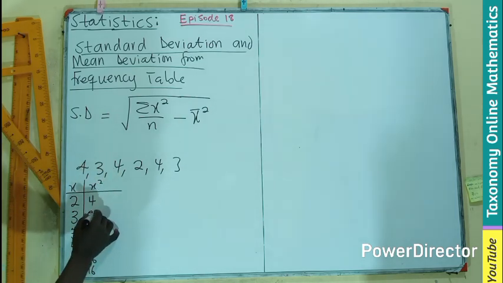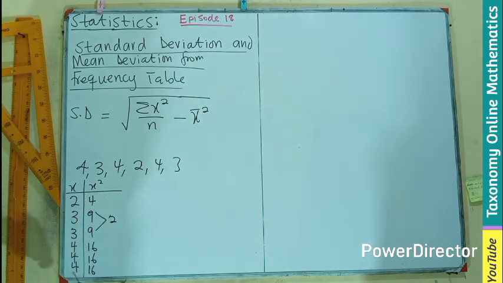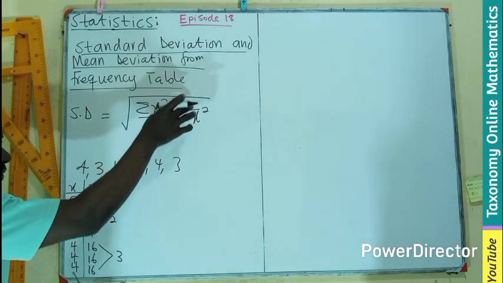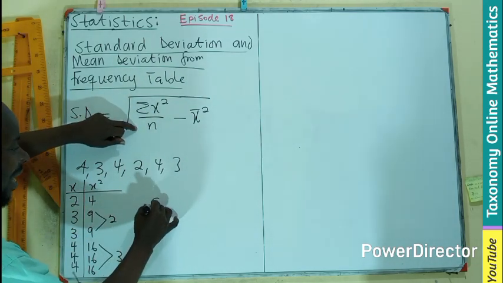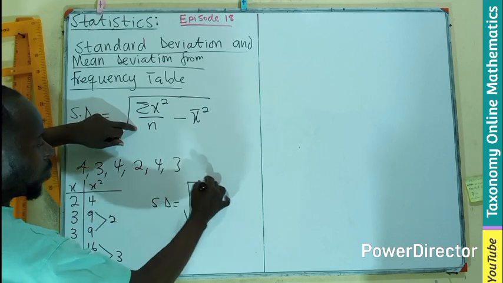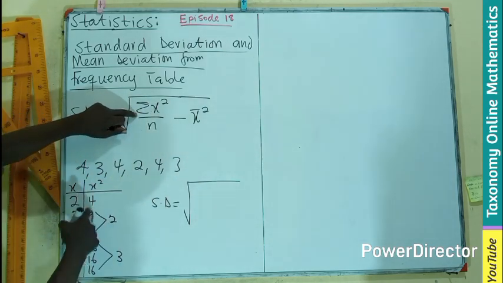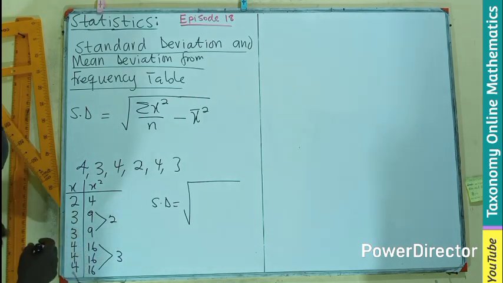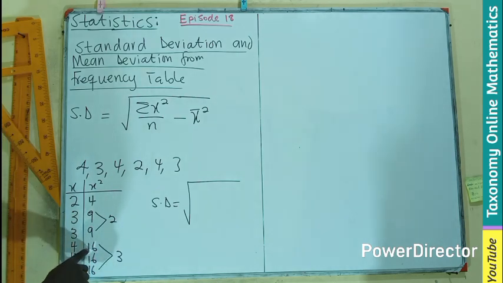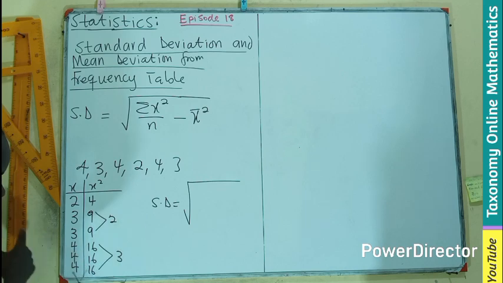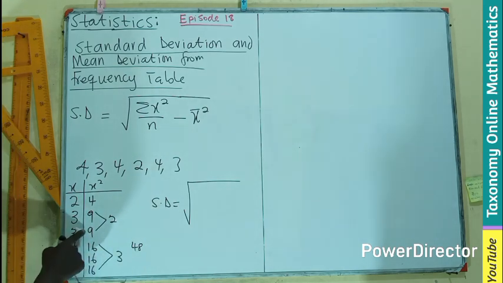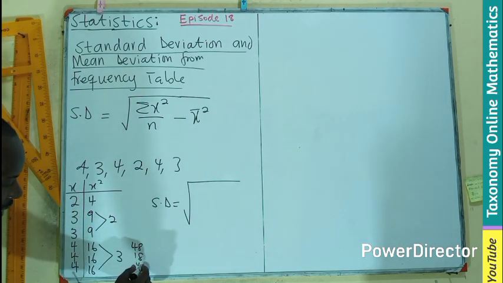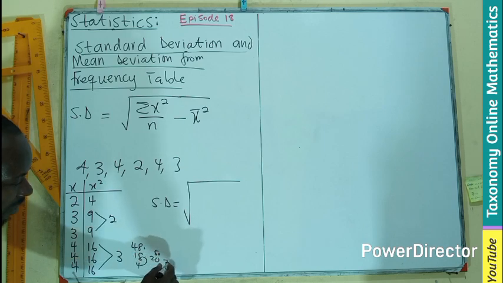Now, if you look at this carefully, we can see that 3 is appearing twice and 4 is appearing 3 times. In the previous episode, we said that standard deviation equals the root of the summation of x squared, adding all of these. Adding them gives 4 plus 18 plus 48, which is 70.